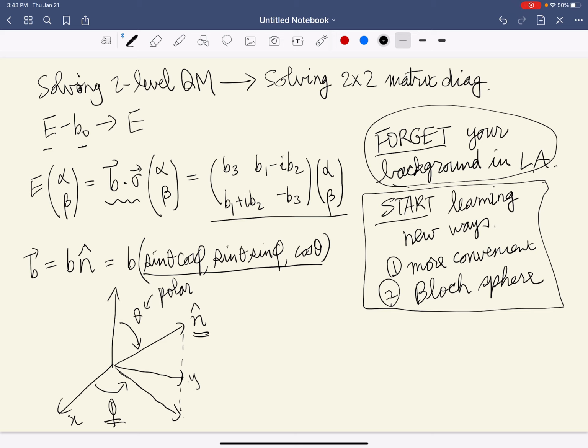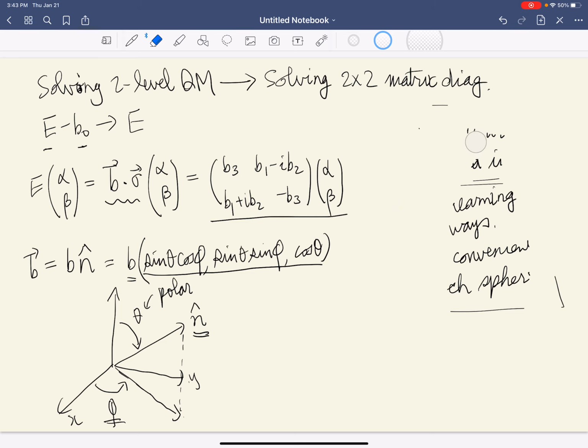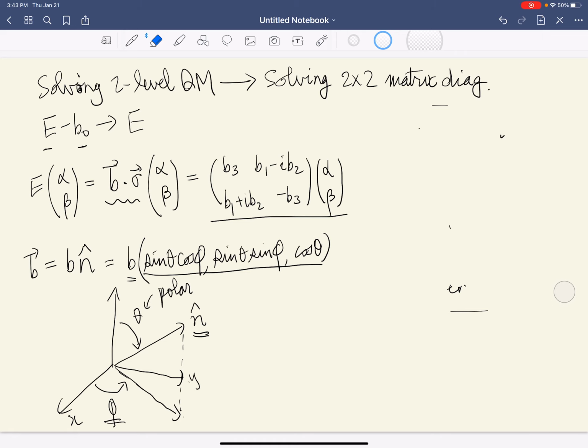Okay, so now thanks to this spherical decomposition of my B vector, I want to write everything on the same page. So let me erase some parts to make space.